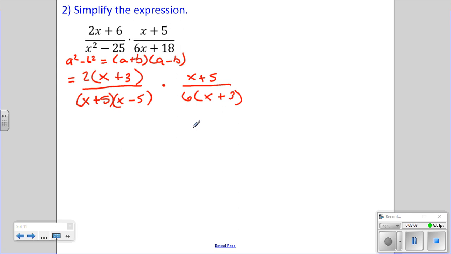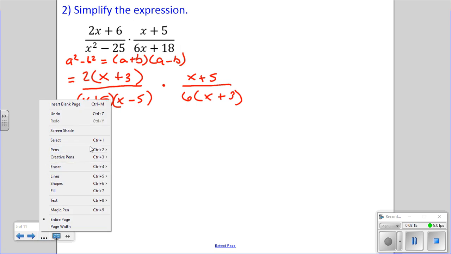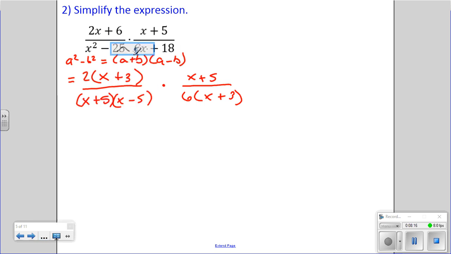So we've factored both numerators and denominators to the best of our ability. Now look for common factors and see who will cancel. When it's algebraic, you can't just take one term or the other. You have to take the whole algebraic expression.